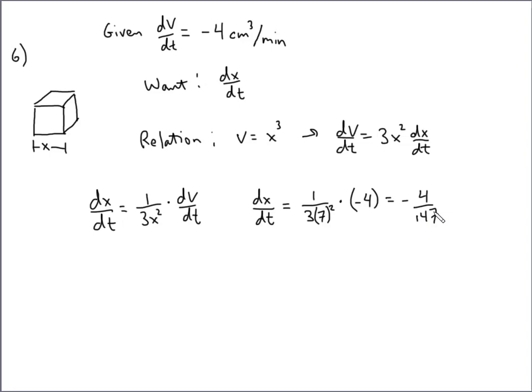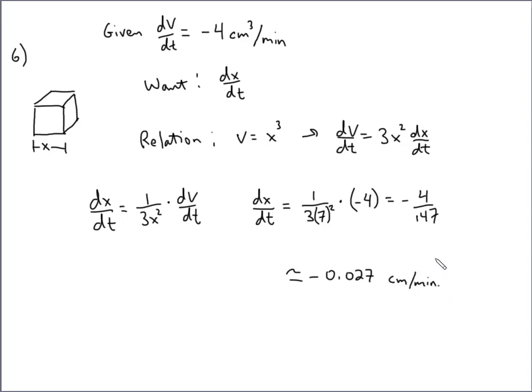And we'll get an approximation for that as -0.02, so approximately -0.027. And the units on that are going to be centimeters per minute.